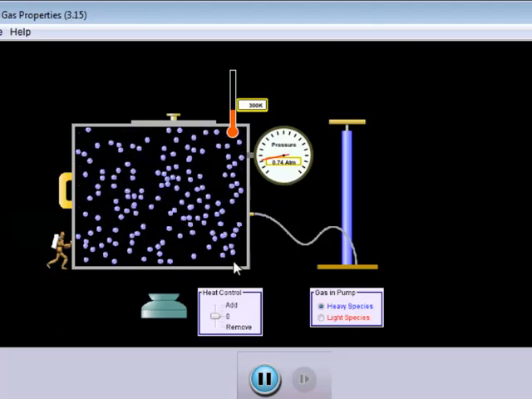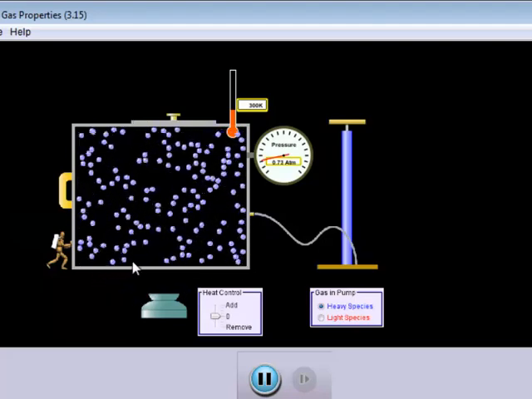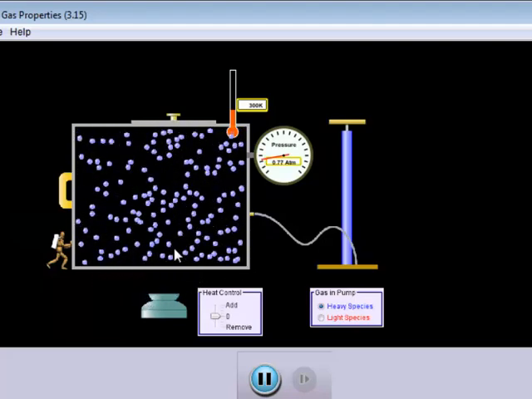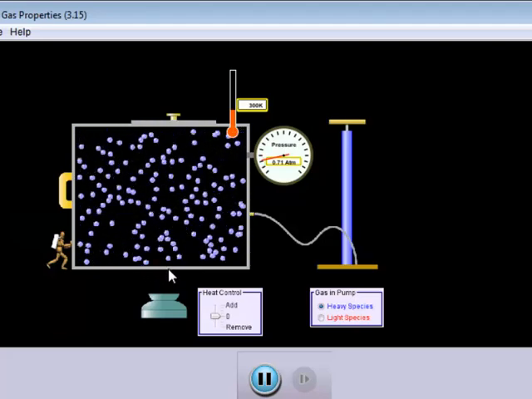Now, if we choose a wall to have a look at, so if we choose this bottom wall, for example, we can see that over time, lots and lots of particles are colliding with the wall over any second.